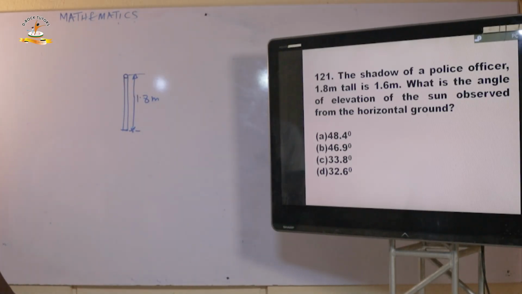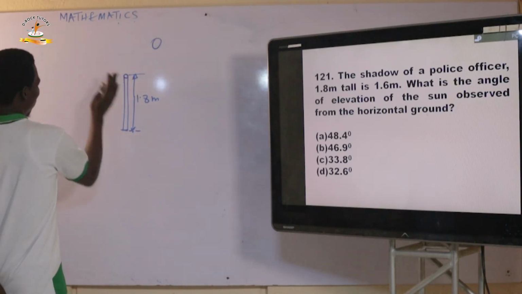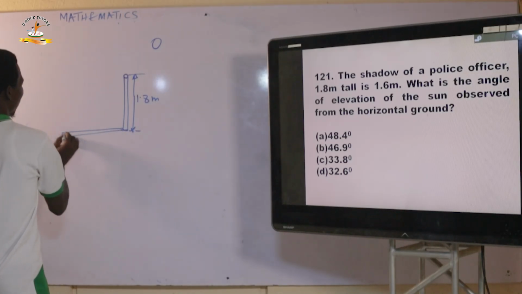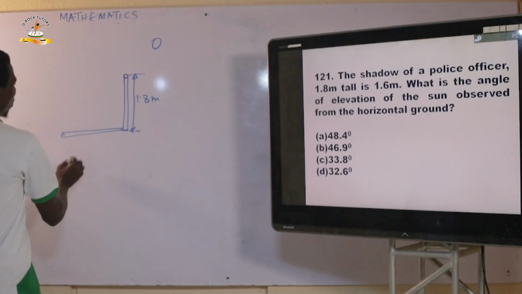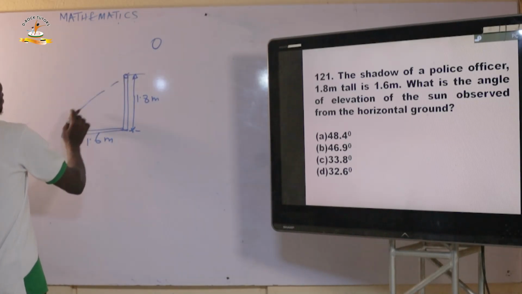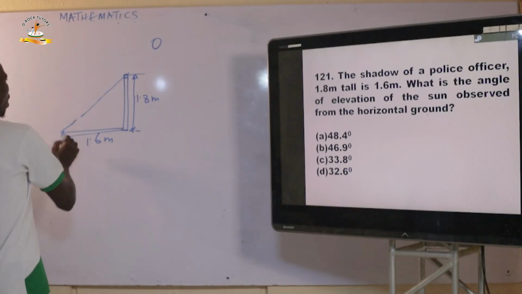However, if the sun is somewhere here, it casts his shadow to the front, meaning his shadow will be on the ground. This is the shadow, and it is 1.6 meters. Don't forget, the sun's elevation has caused this to happen.